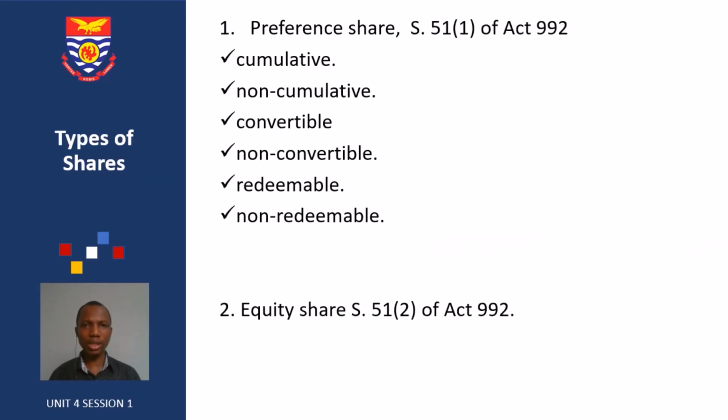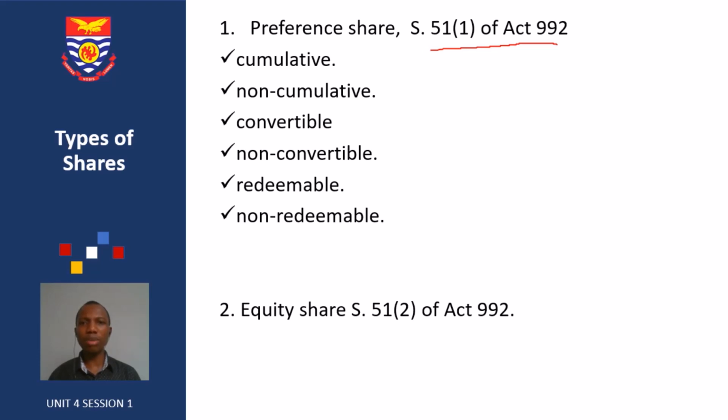Types of shares. We have two main types of shares: the preference shares and equity shares. Section 51, subsection 1 of the Companies Act 2019 (Act 992) gives us the definition of preference share.